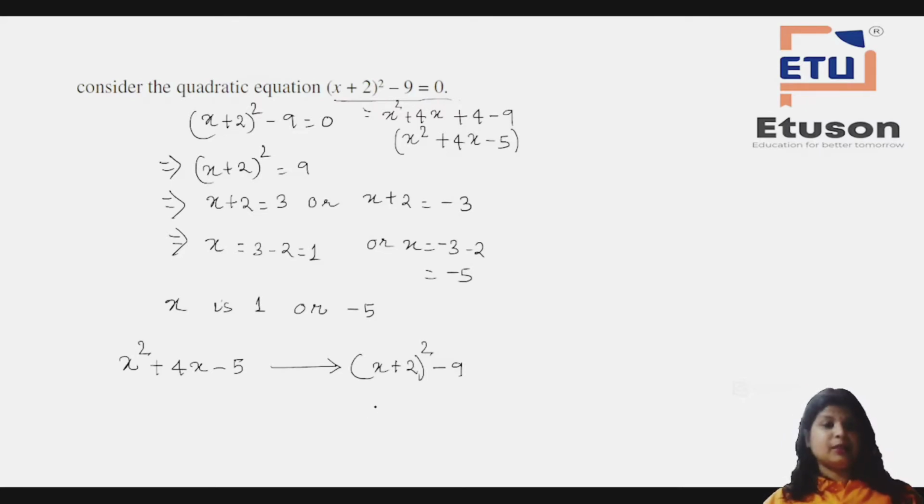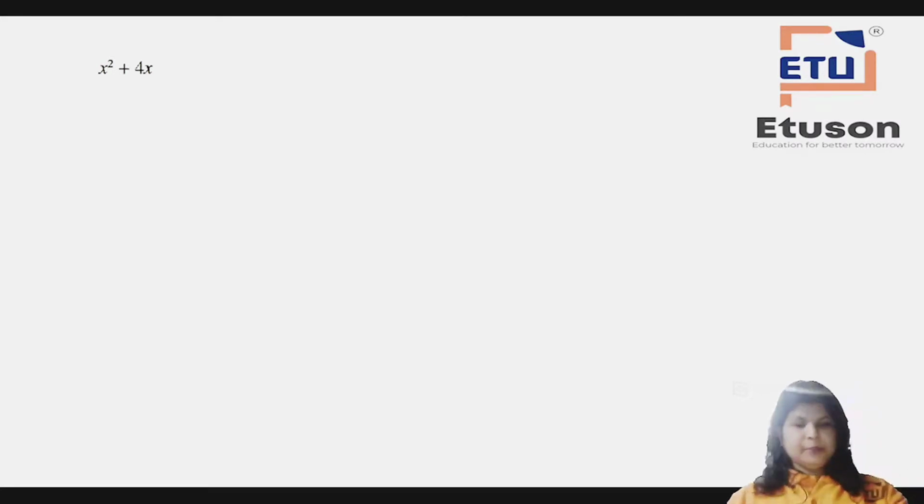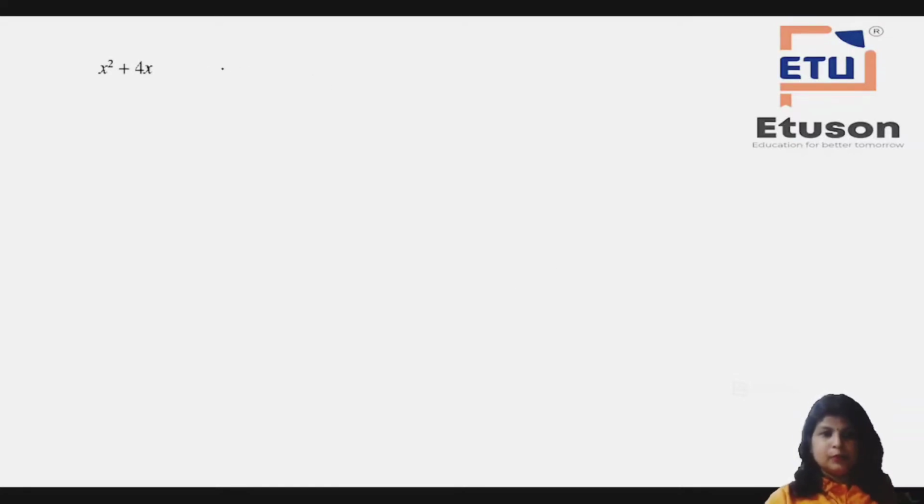It will be clear if we take this example. Here we will learn how to convert one particular algebraic expression to its square. For this, we have taken x square plus 4x. How are we going to convert this x square plus 4x into x plus 2 whole square minus 4?